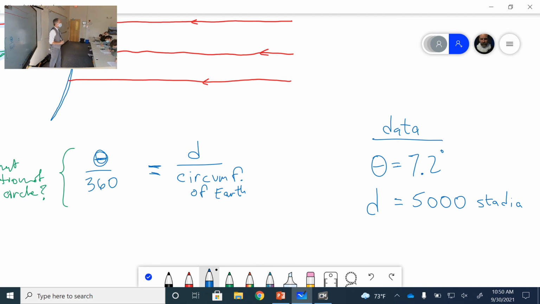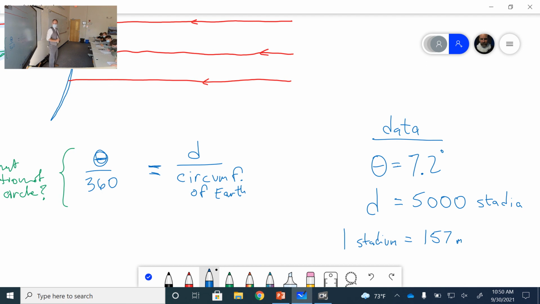A stadium, I think, is like 157 meters. So I'm going to write that here. I may have to correct it. 1 stadium equals 157 meters. Okay, we have 8 minutes left in class.